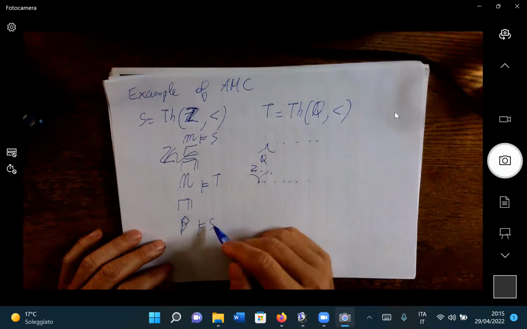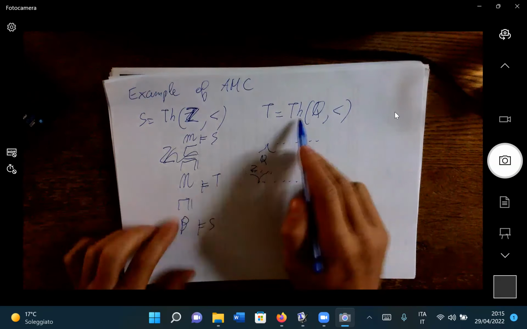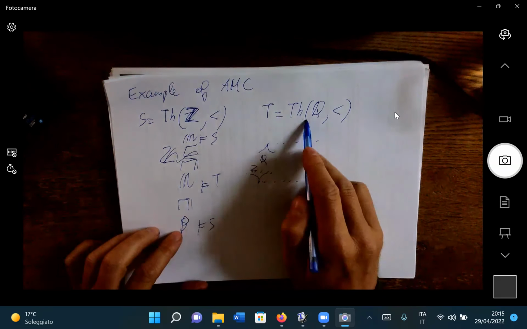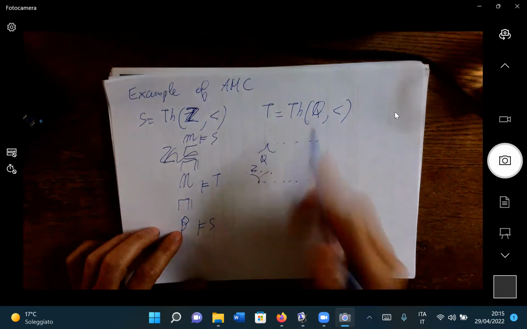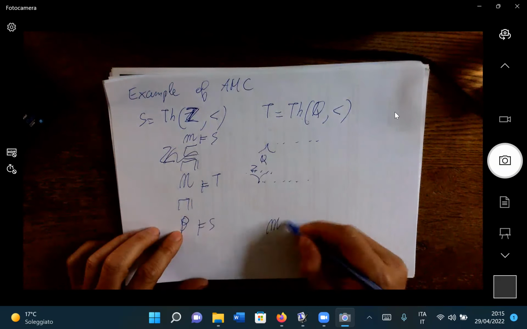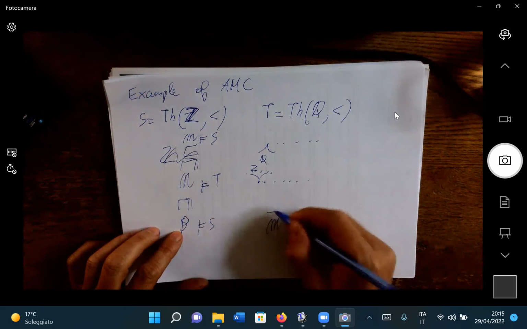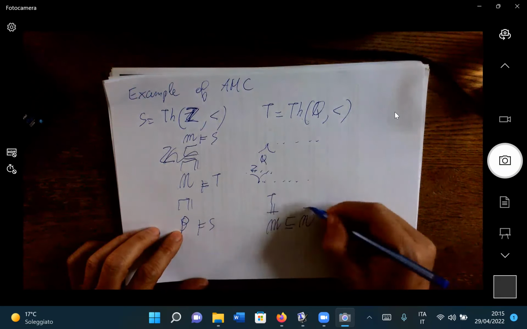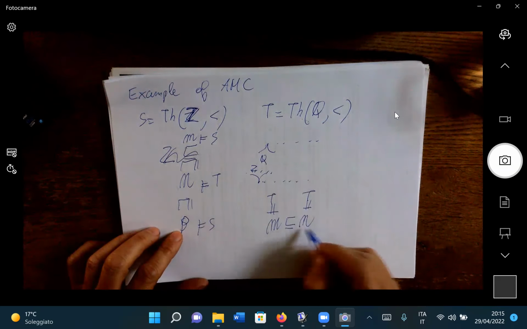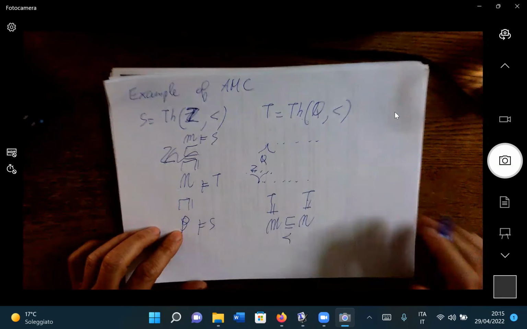But you get that this theory admits quantifier elimination. And then the standard definition of model completeness is satisfied, because if both are models of T and you have a substructure relation, since you have quantifier elimination, this amounts to an elementary substructure relation.